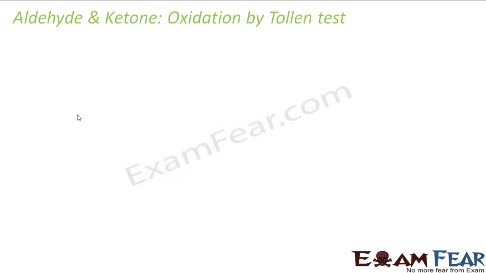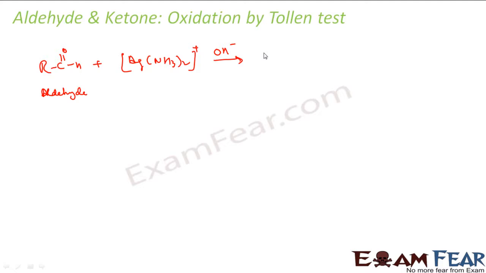Let's understand Tollens test. The typical reaction for this test, also called the silver mirror test, by the way, is you have RCHO, that is my aldehyde, and you have Ag(NH3)2+, and it happens in basic medium, so OH minus.